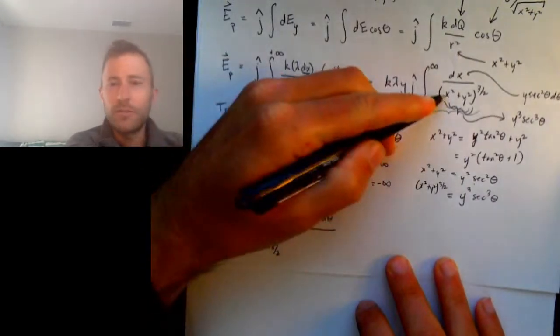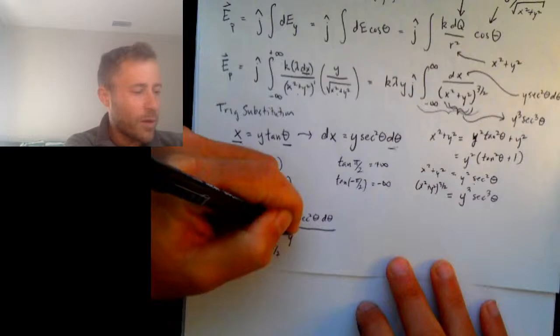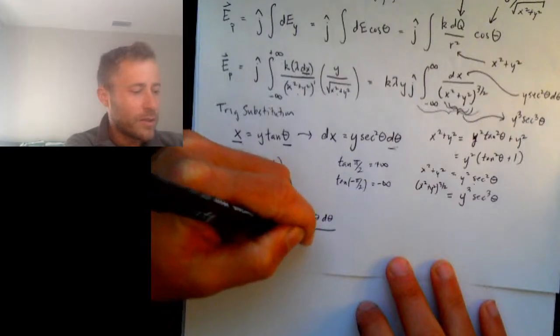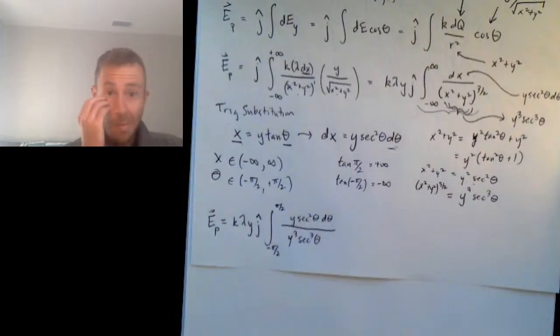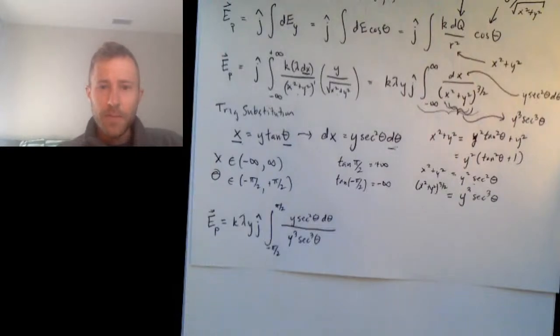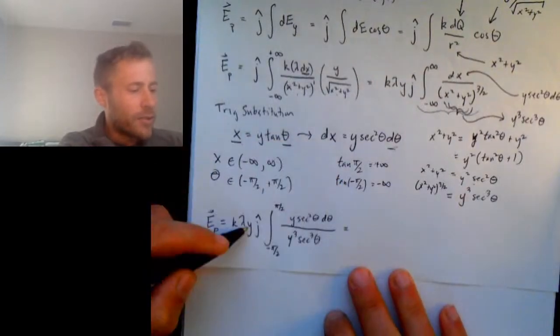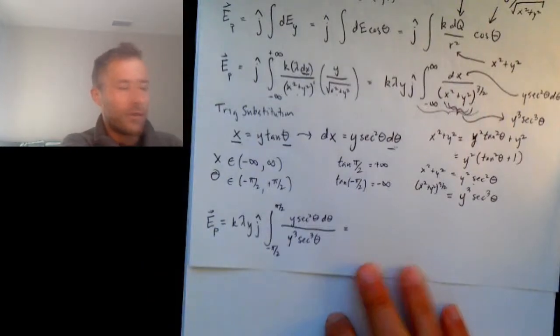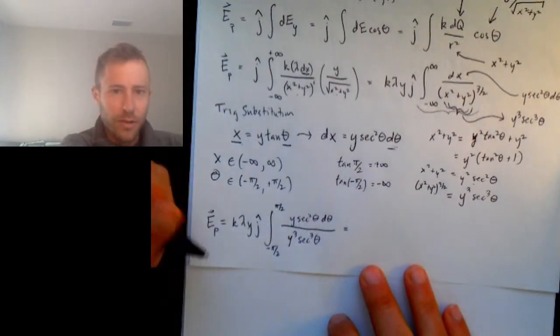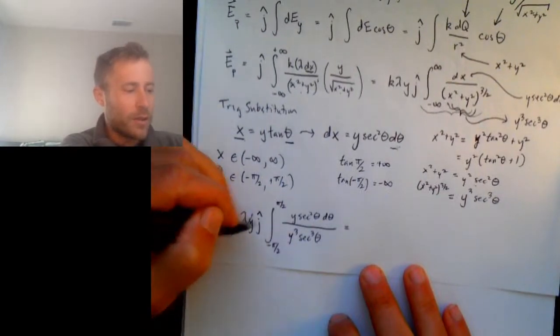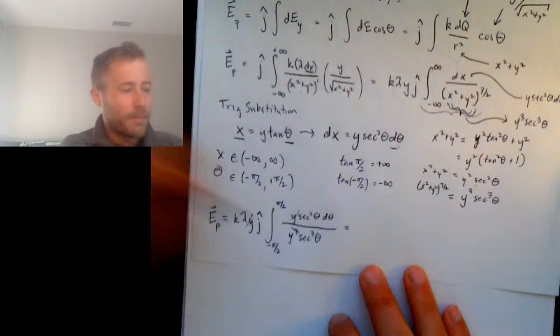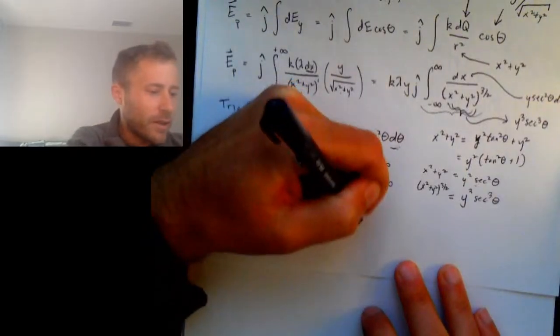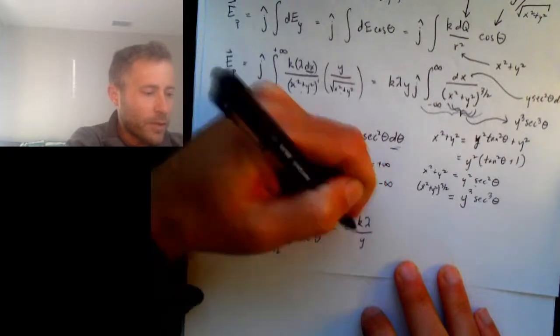And then this piece right here became replaced with y cubed secant cubed of theta. So if we look at this, I can see I have 2 factors of y on the numerator and 3 on the denominator. So once all those are canceled out, I just get y on the denominator, like that. So I'm going to have k lambda over y times j hat.